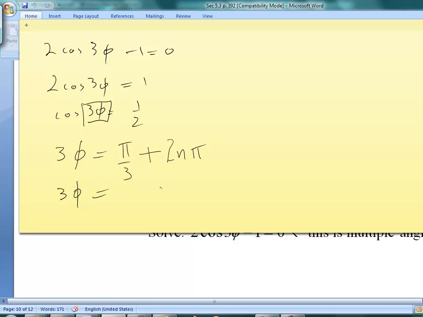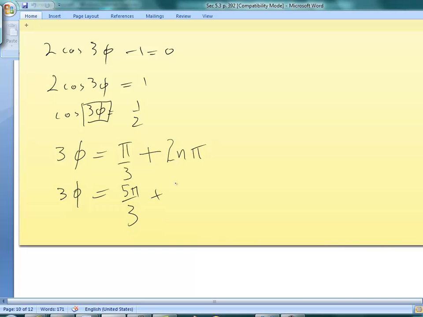And in quadrant 4, the solution is going to be 2 pi minus pi over 3, which is 5 pi over 3. And again, I need to add 2n pi to that. So everybody okay on that? These are called general solutions.